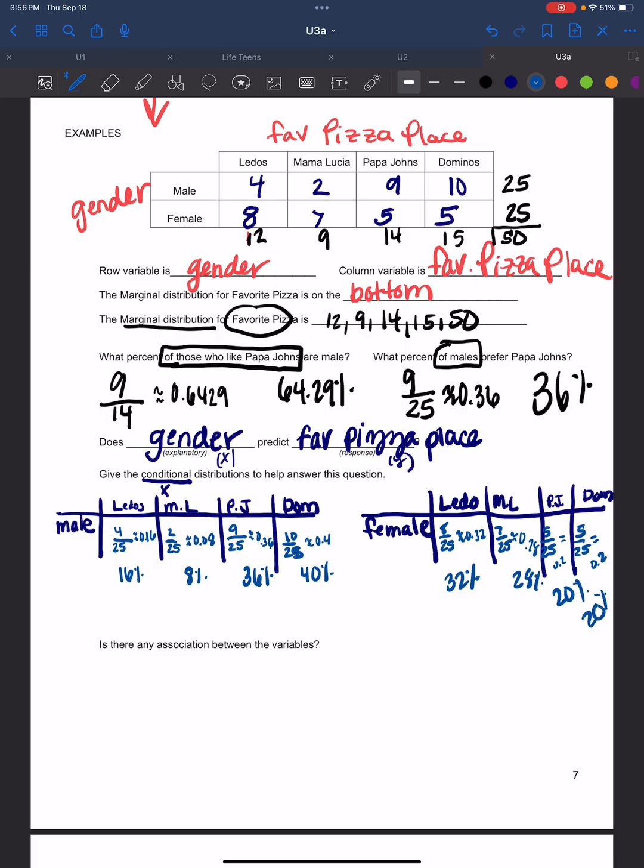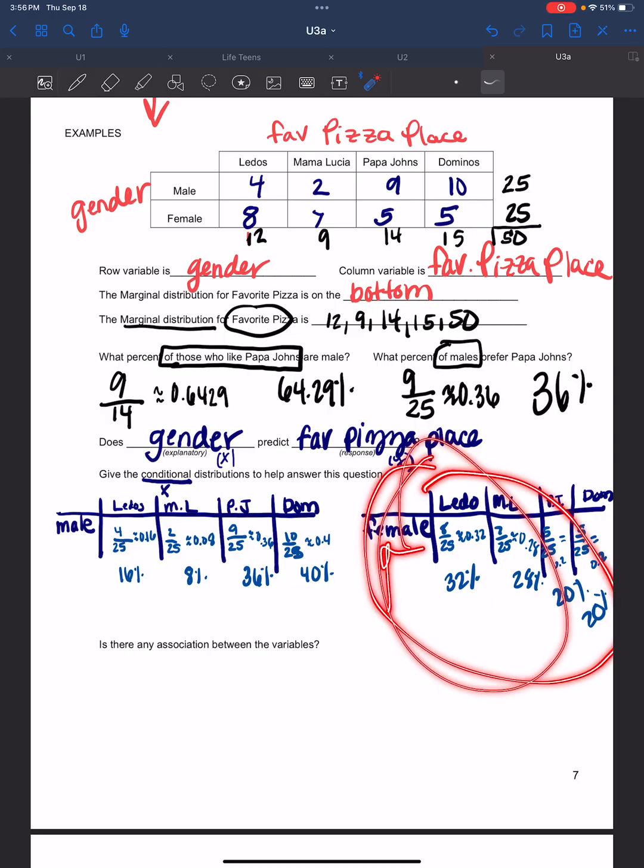And again, if you were to add all of these up, 20 plus 20 plus 28 plus 32, that does come out to be 100 because we're talking about 100% of the females. And this was how many females we had.